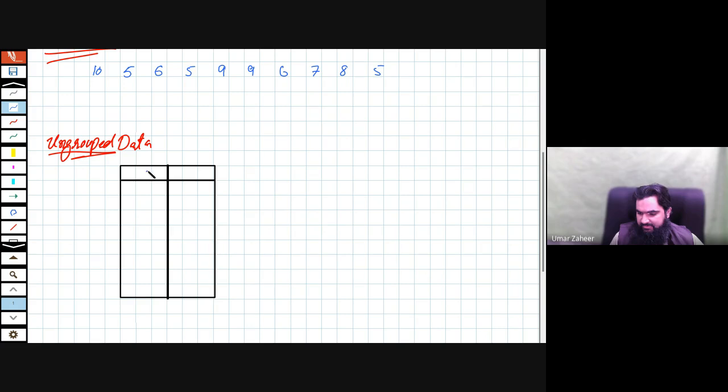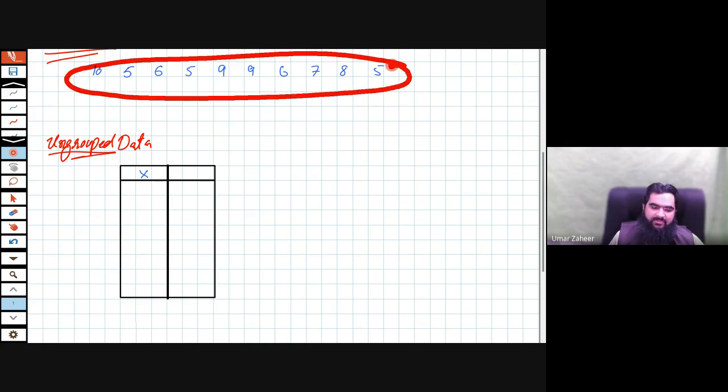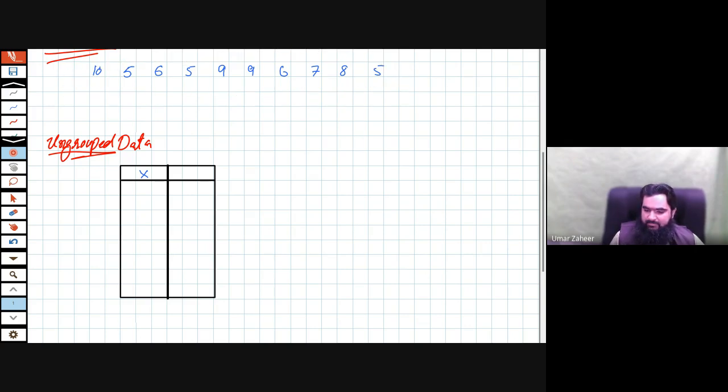Let's say we have data X. Look at the output here. All the values lie between 5 and 10, so I write 5, 6, 7, 8, 9, and 10.